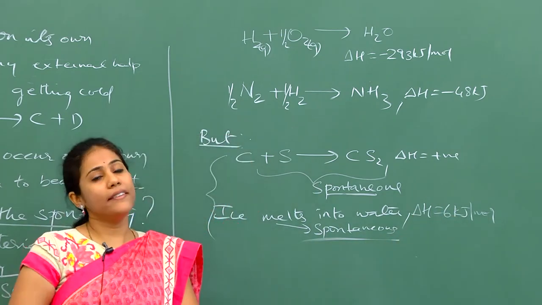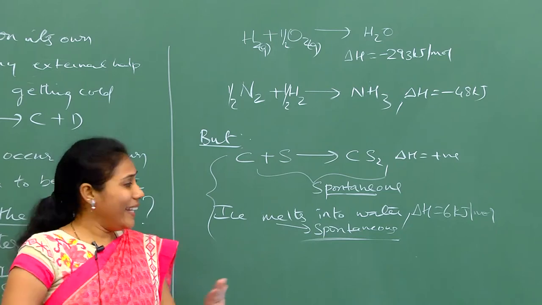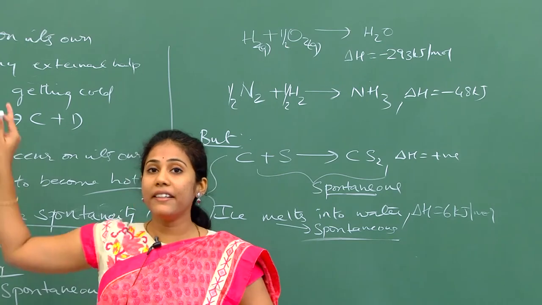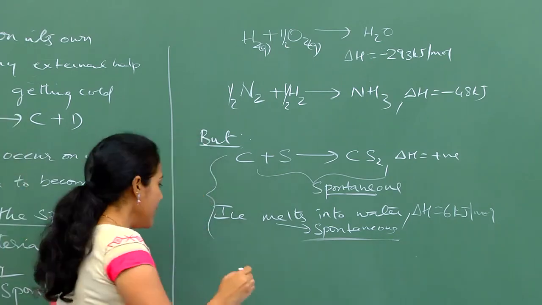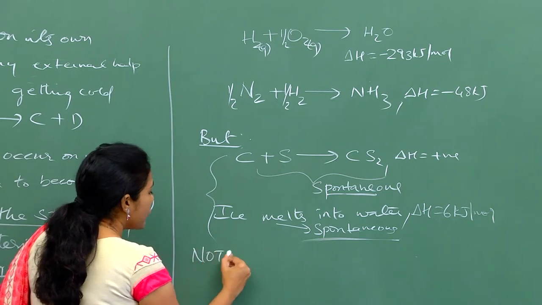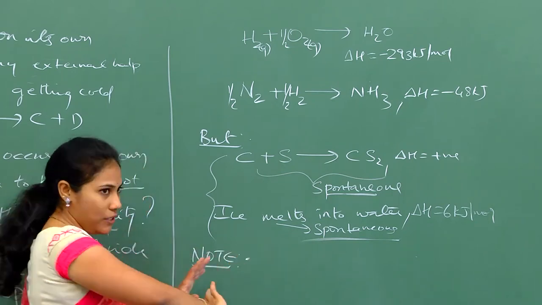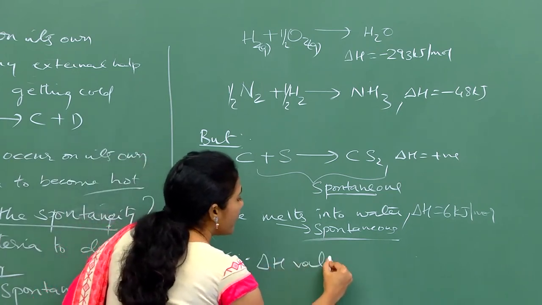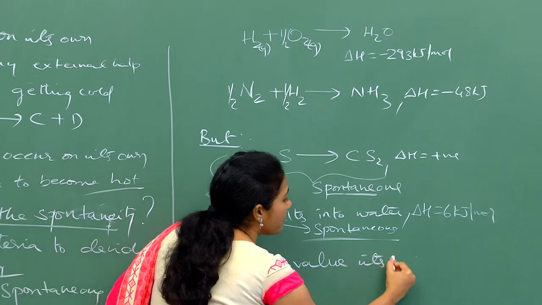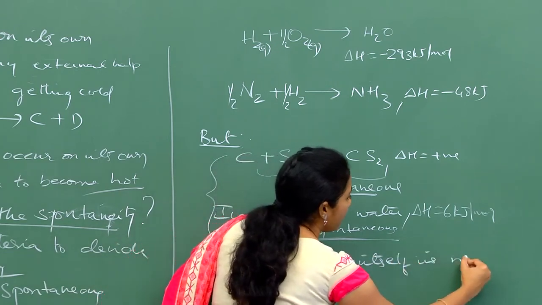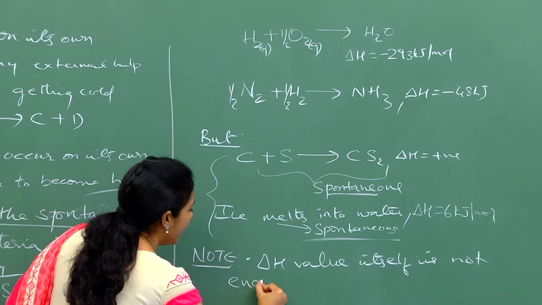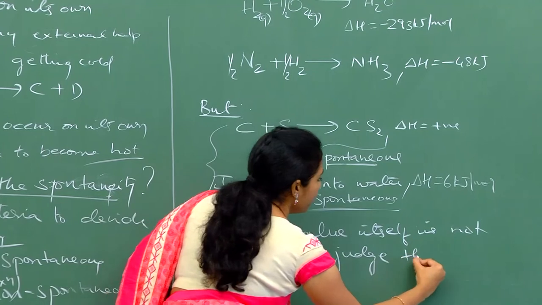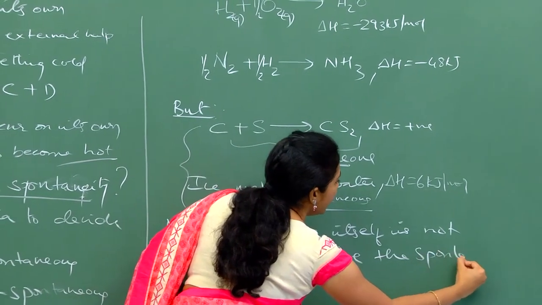Okay. So what they thought was, enthalpy itself is not enough to decide the spontaneity. Okay. See, listen carefully. Based on these reactions and explanation, what we can conclude is enthalpy value itself is not enough to judge the spontaneity of a reaction.